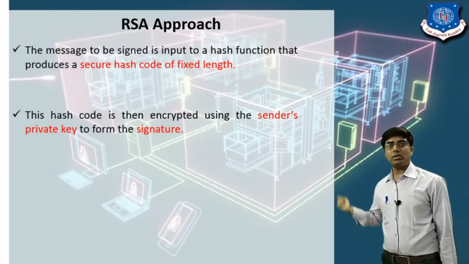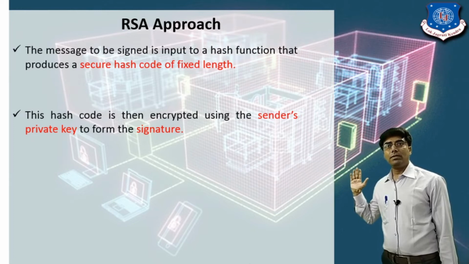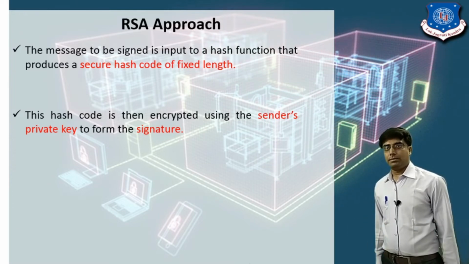Here the hash code is encrypted using the sender's private key to form a signature. It means we apply the encryption on the hash code along with the sender's private key, and after applying the encryption, it generates a signature.